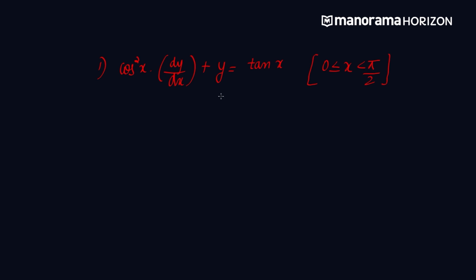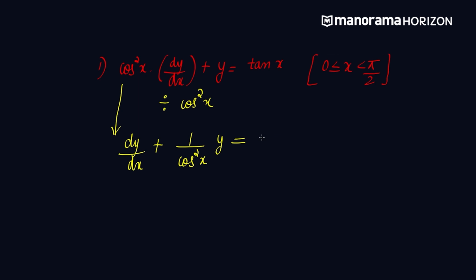So to find the solution, we need to first divide the entire equation by cos square x. So the equation becomes dy by dx plus 1 by cos square x times y is equal to, what will be the right hand side? tan x by cos square x.